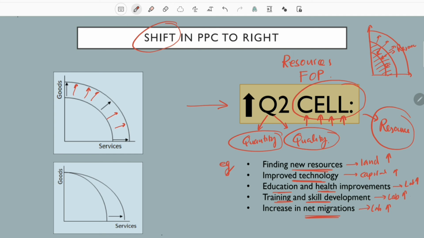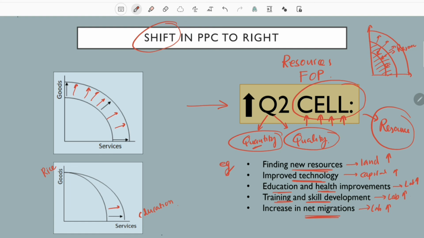So if there is any quantity or quality wise improvement in factor of production, that can shift the PPC curve to the right. Not only that, when it comes to the shifts in the curve, it can happen in only one way as well. If I take an example, let's assume that there is an economy where they are producing rice and education.